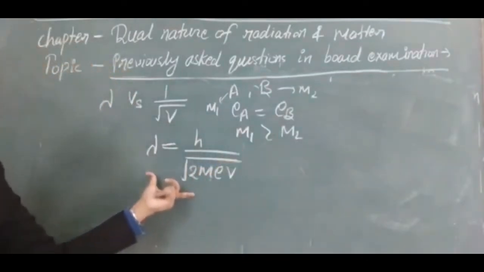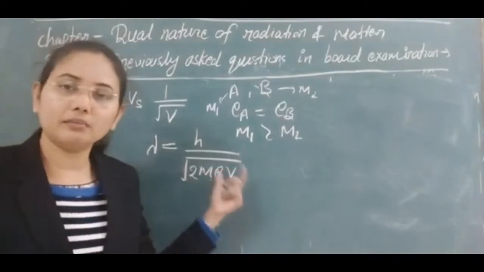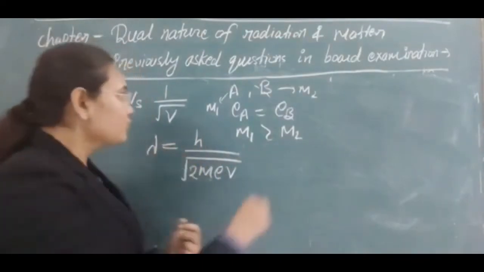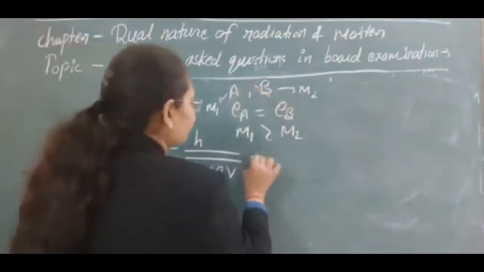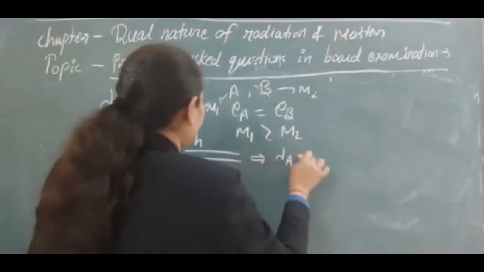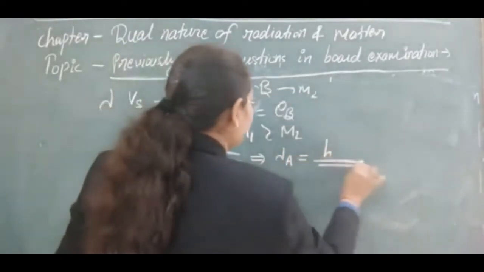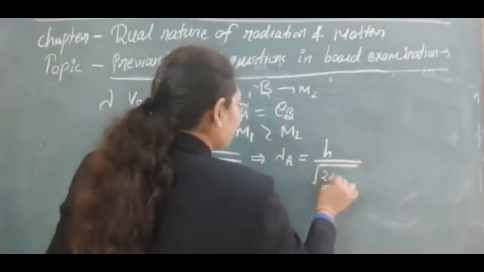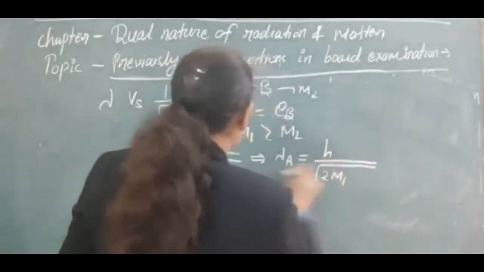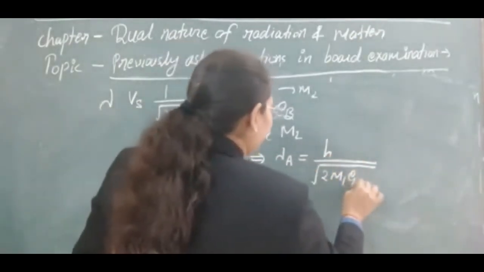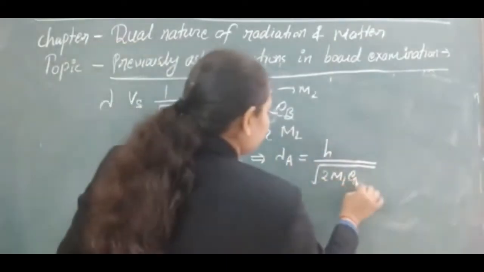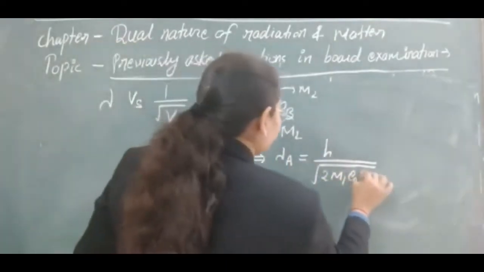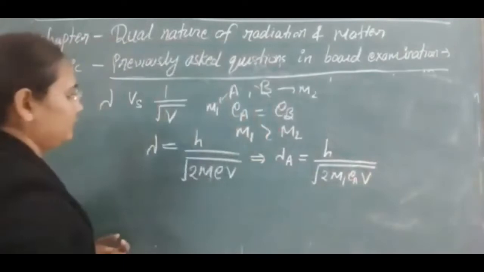This is the equation relating the accelerating potential to the de Broglie wavelength. Let's write it for the first one. Lambda A is given by h upon root of 2 m1 EA. As EA and EB are the same, you can write it in terms of B. Clear?